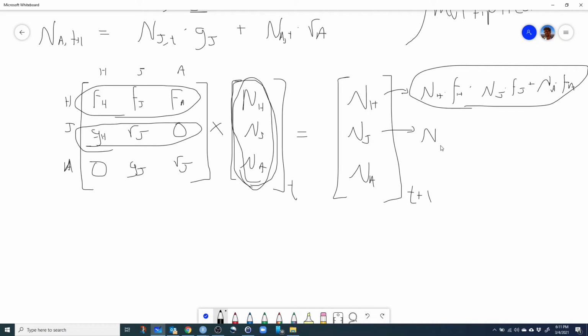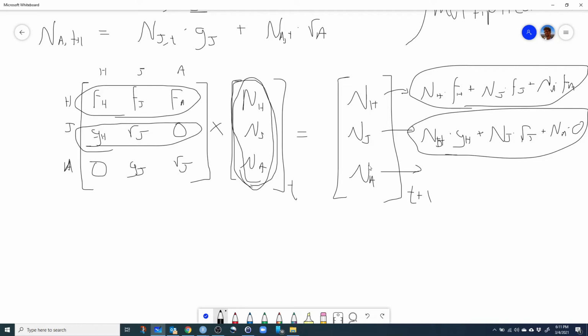First, you take the number of hatchlings in the previous year, multiply it by the transition of hatchlings to juveniles, and then you add the total number of juveniles and their retention, the probability of staying juvenile. And you can add this zero, number of adults times 0, because 0 adults are going to go backwards and become juveniles. So that's how we compute the number of juveniles next year.